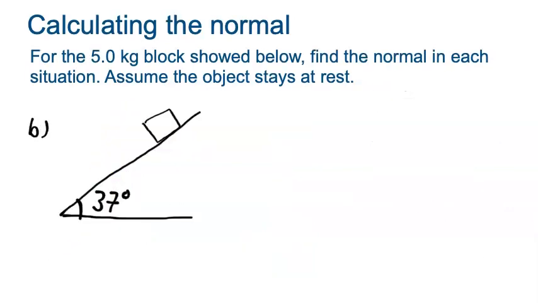So next we will look at the block that is on the incline, and the block is at rest. That's important. Same deal as usual, draw a small circle around your object. Once you have that, identify contacts. Here we have just one contact at the bottom. This contact is between 2 surfaces, so we know that there will be a normal force, not surprisingly, as that's what the question is asking.